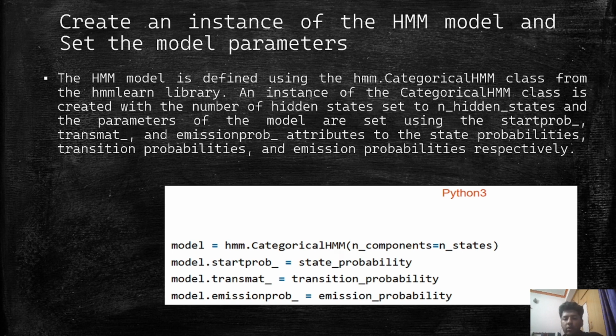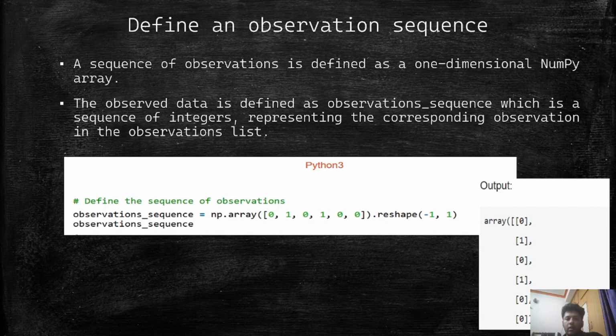So these are the attributes for the state probabilities, transition probabilities, and the emission probabilities respectively. So all those are declared in this code, as you can see. And the model is used to configure all these values into the machine learning model that we are going to train for HMM.